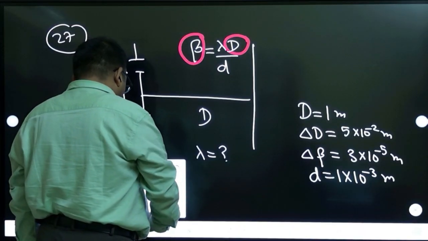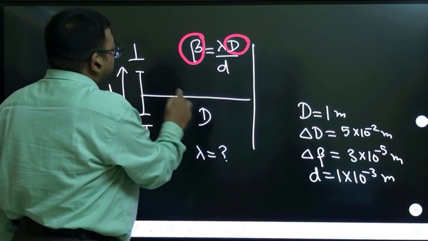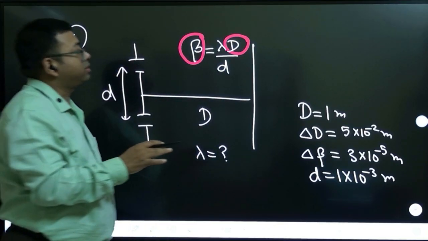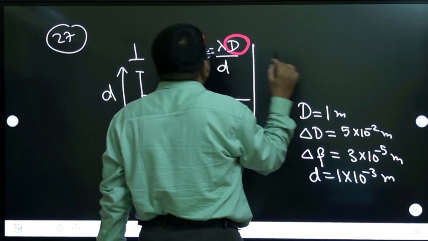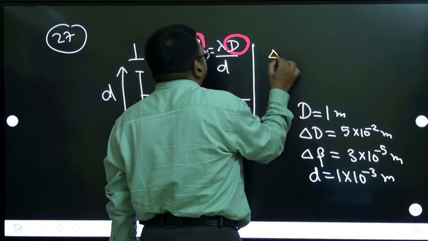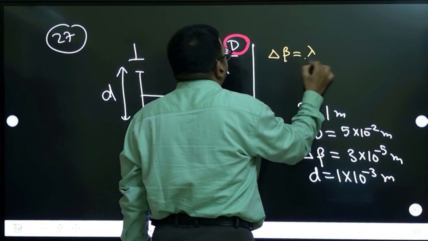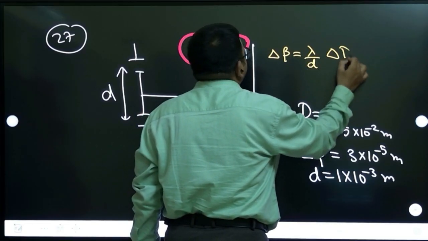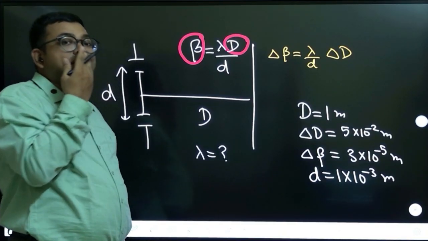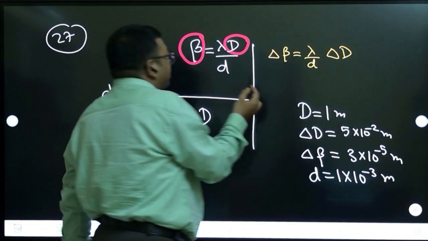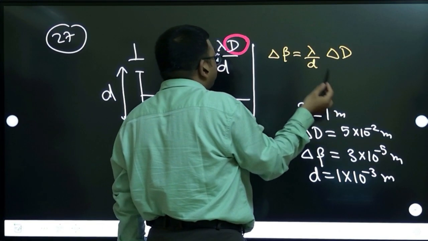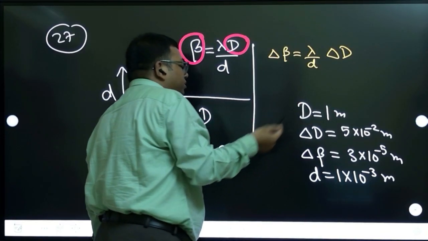So directly we can say that beta is directly proportional to capital D, because lambda and small d are not changing here. So delta beta will change because of the change of this. So delta beta is nothing but lambda by small d into delta D. This we can write directly, because delta beta is lambda by d into delta of capital D. This is the change.